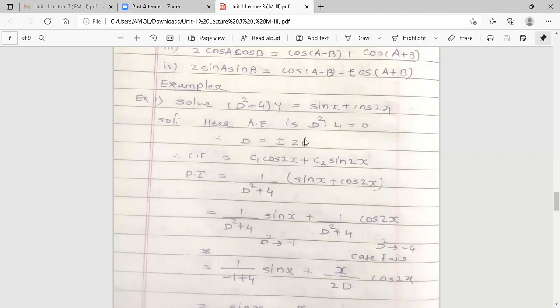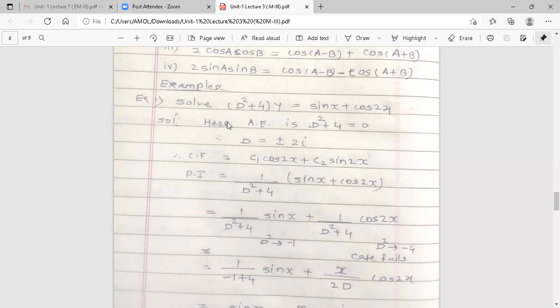So it has two factors, and the factors are D equal to plus minus 2i. Because if we shift this 4 to the RHS, the term is D square equal to minus 4. Since the square is a negative number, here we introduce i square. So D square is equal to 4i square, and so the factors are D equal to plus minus 2i.